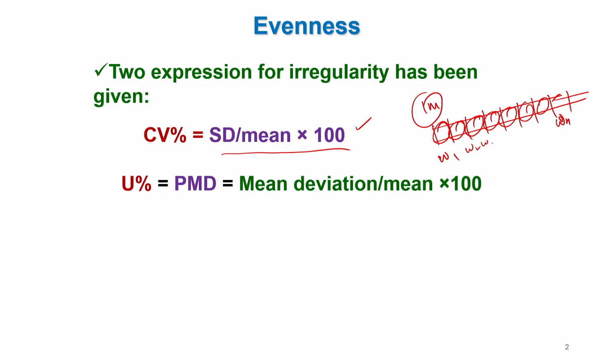U% is basically where, in the evenness tester, the reference length is 1 centimeter.